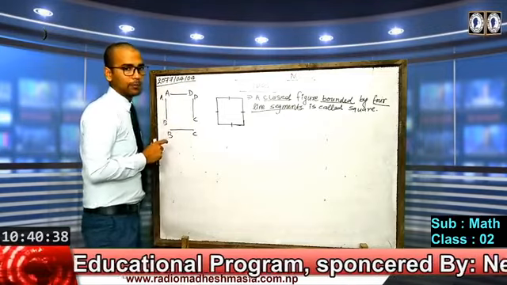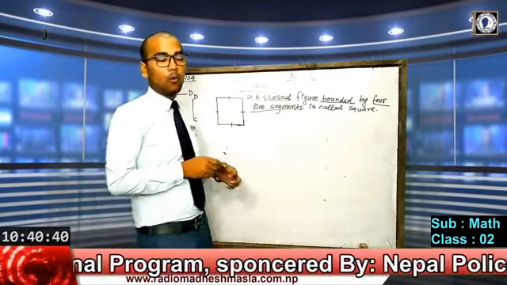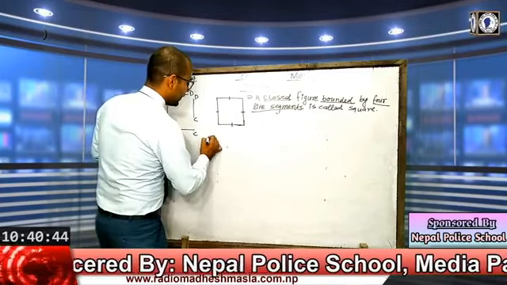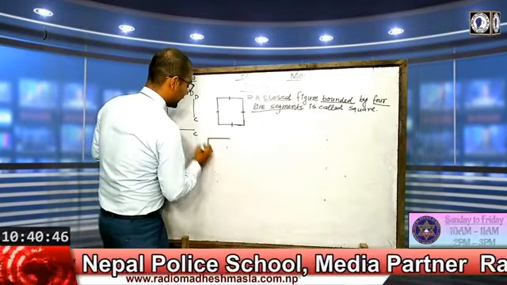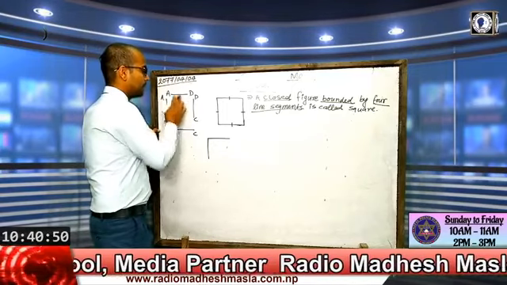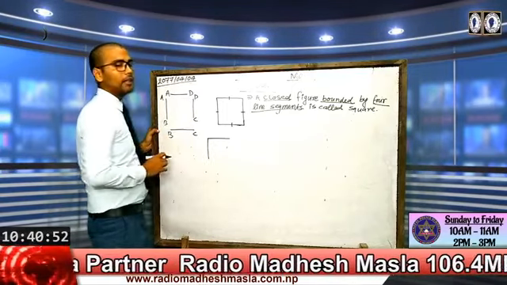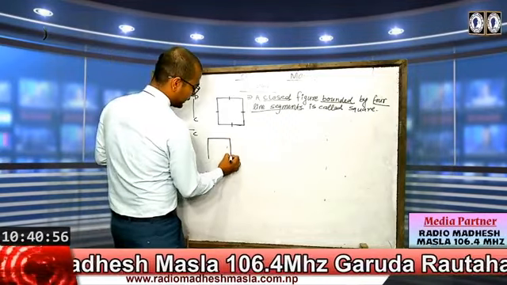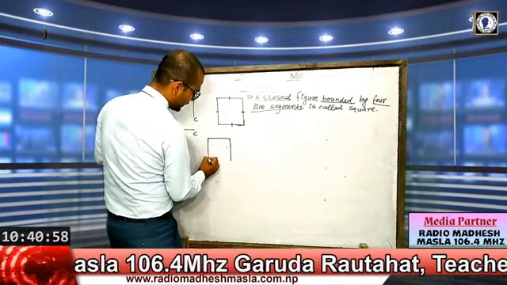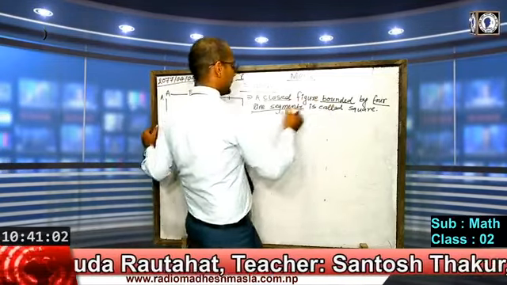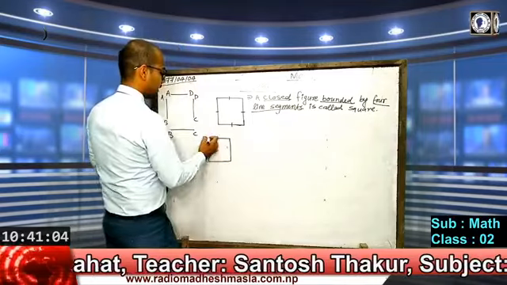So friends, when we add these 4 line segments, we get a square if the measurements of their lengths are equal or the same. When we bond these line segments with each other, it forms like this.